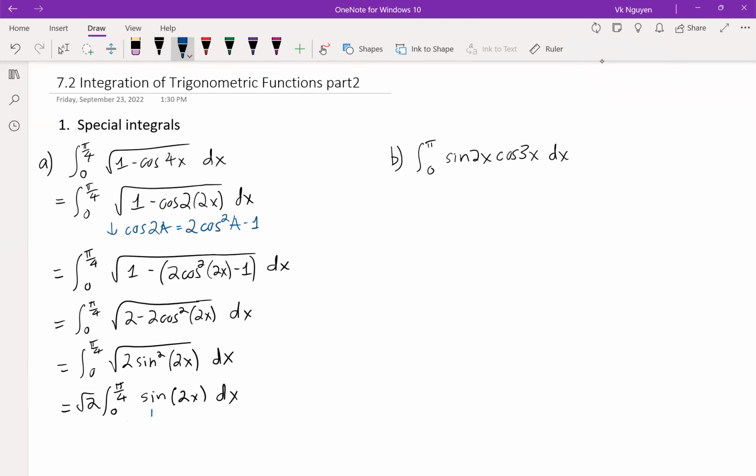From here, use u equal to 2x. So half of du is dx. And we have root 2 times 1 over 2. Antiderivative of sine is negative cosine, so minus cosine 2x.